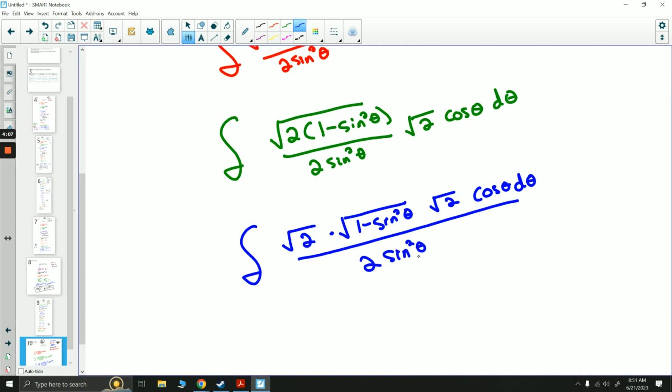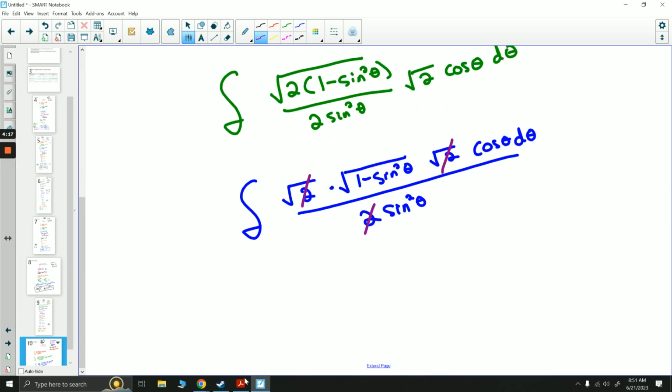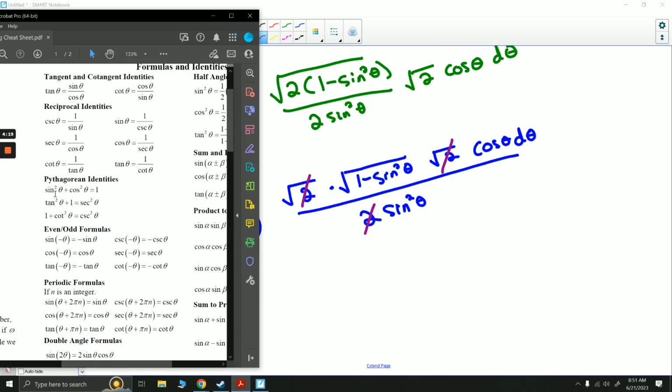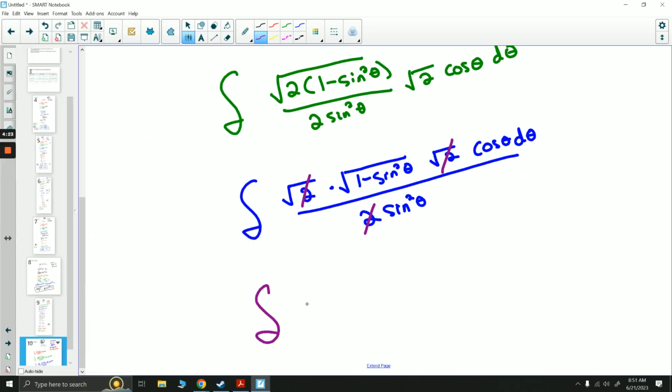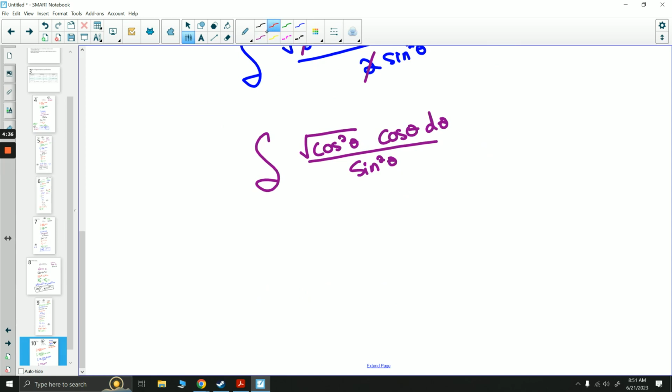Okay, so square root of 2 times square root of 2 makes 2, and the 2 on top and the 2 on bottom cancel, so all of those are gone. 1 minus sine squared is cosine squared, as a reminder, so we have the integral of the square root of cosine squared theta times cosine theta d theta, all over sine squared theta.